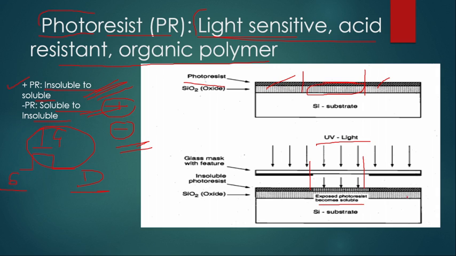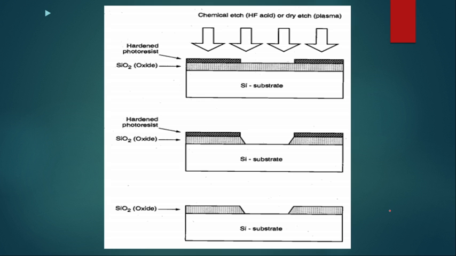Soluble means the material will become soft in nature and the remaining will be hard. The soft material can be removed easily with the help of HF acid, which is also known as the etch technique. Etching is the technique used to remove a specific layer, or the deposited layer, from the surface. Then the hardened photoresist remains over the SiO2 layer and later on it is also washed away.